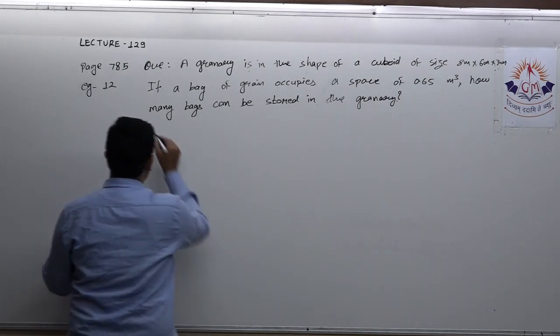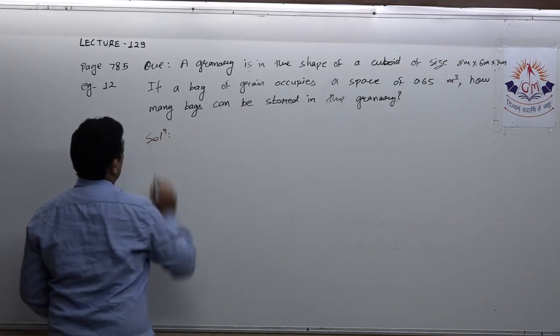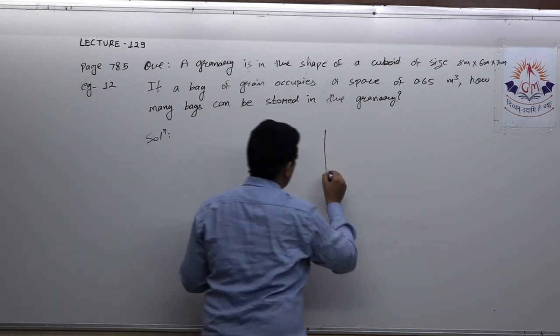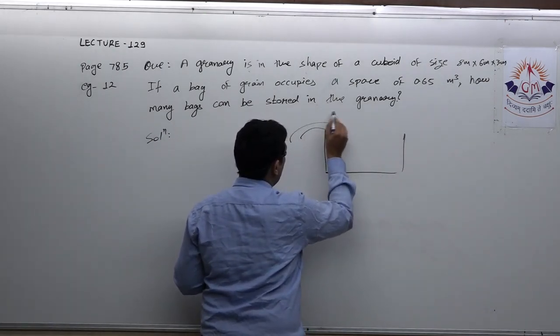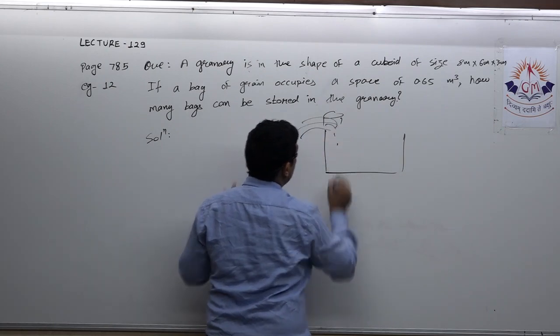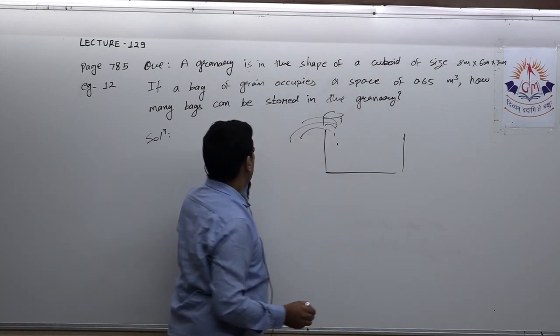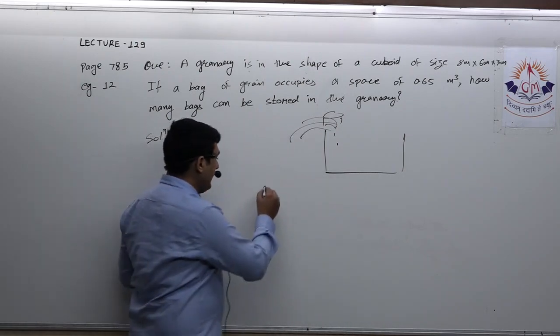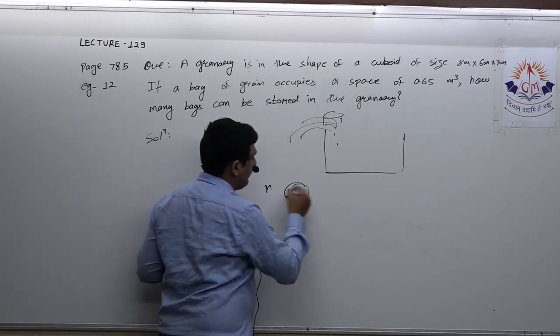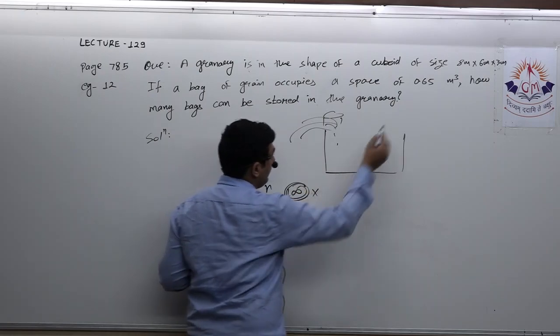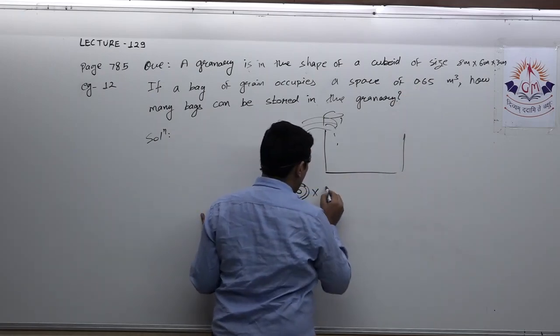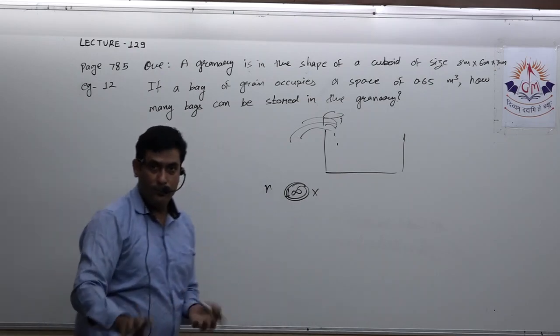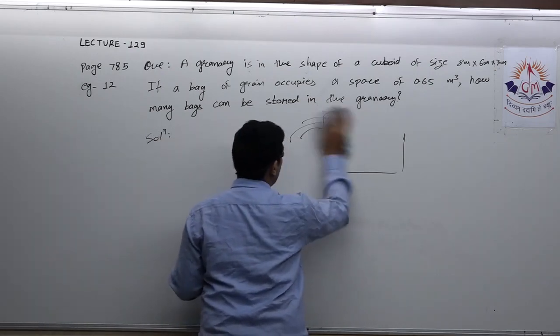Okay, so let us see how to solve this. See, this is a granary and we have to empty some bags, and we have to find how many bags. So for example, if I say 100 bags, can I say 100 multiplied by the volume of one bag is equal to the volume of the granary, or the capacity of the granary?